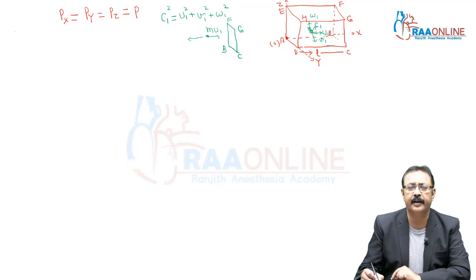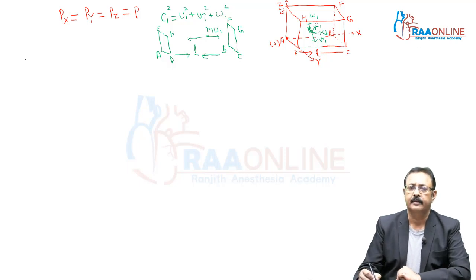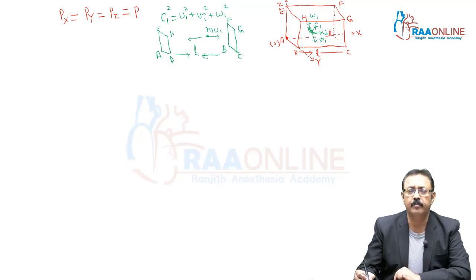Now it will start traveling towards the wall ADHE after collision, and to collide with this wall it has to travel a distance L. So if momentum was mu1 before collision, after collision it should be minus mu1.